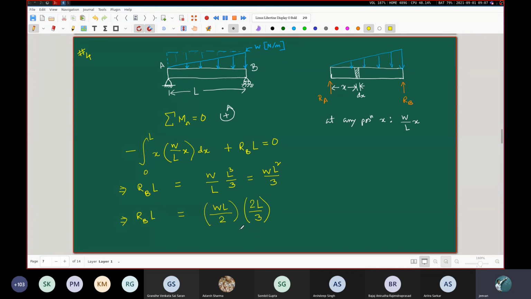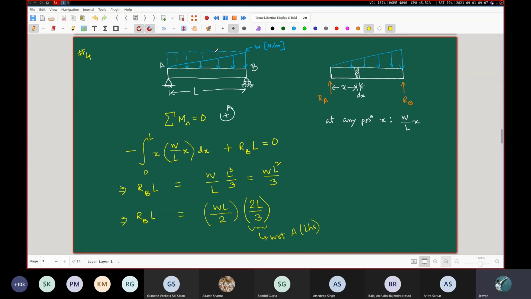Okay, so you can understand that this is the force, this is the moment arm. This moment arm is calculated with respect to which point? With respect to point A. Remember this, okay? So this is with respect to the left hand side, the A point, which is at the LHS.